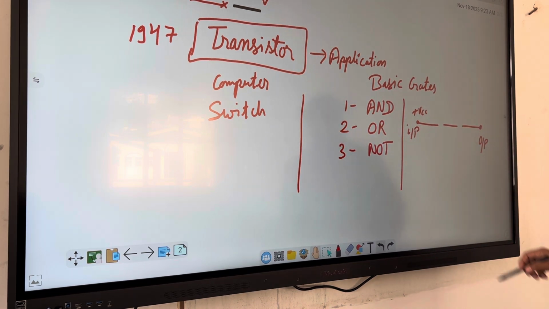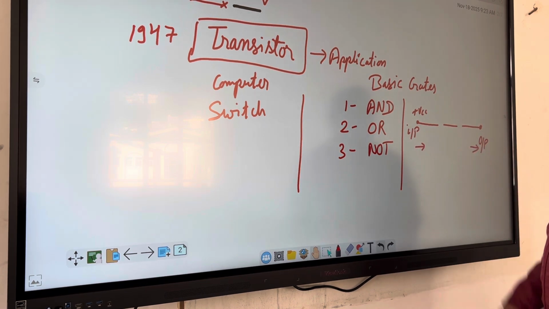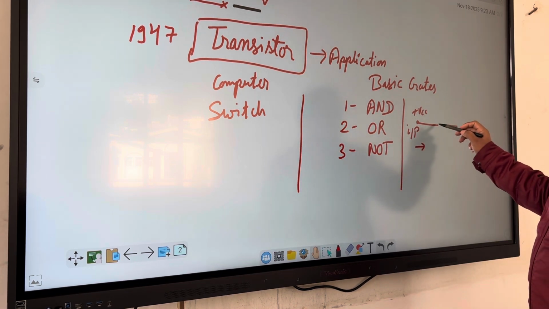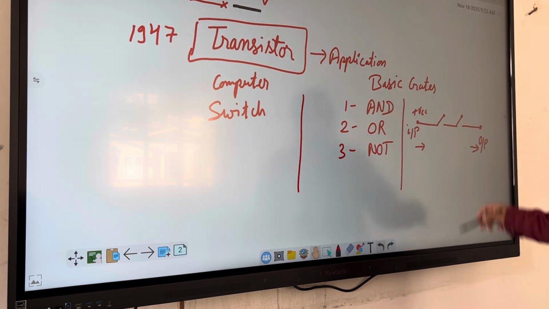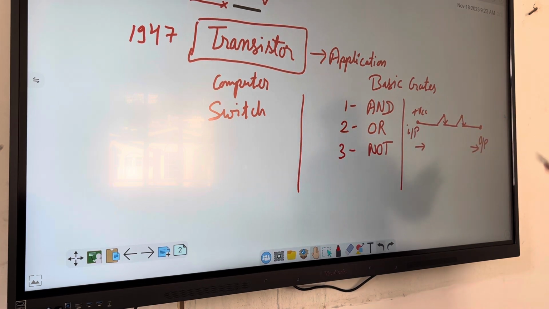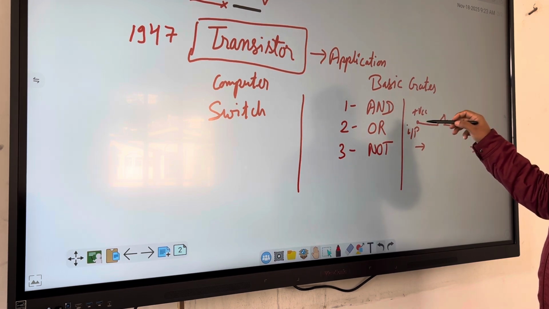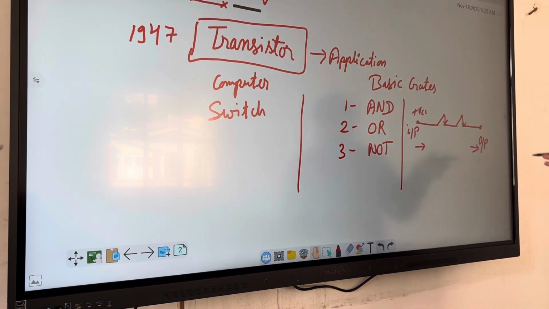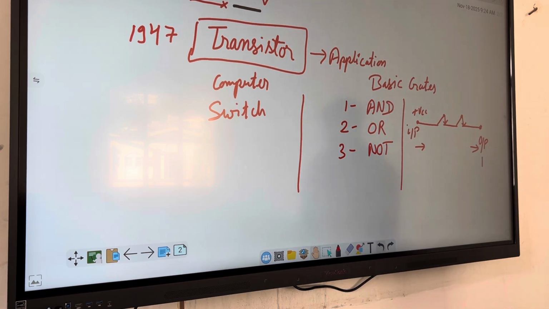Now if you want the current to reach from the input to the output, you want both of these switches to be closed. Only if you close these two switches will the positive battery reach the output. That means only then will your output become 1.